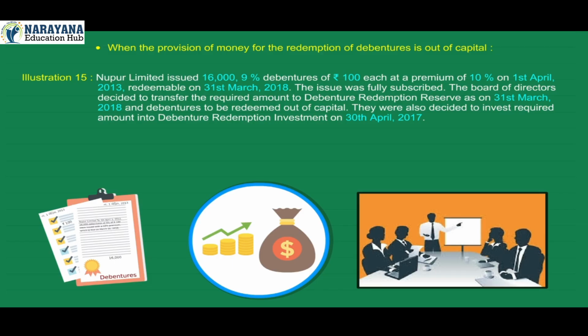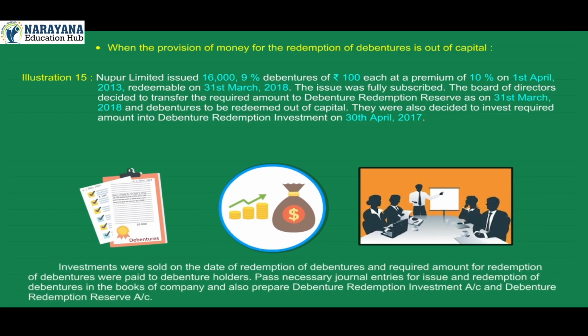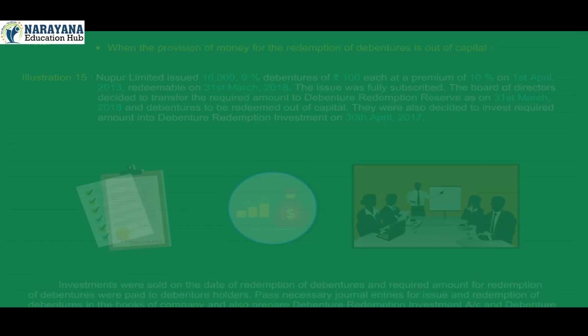They also decided to invest the required amount into debenture redemption investment on 13th April 2017. Investments were sold on the date of redemption of debentures and the required amount for redemption of debentures was paid to debenture holders. Pass necessary journal entries for issue and redemption of debentures in the books of the company and also prepare debenture redemption investment account and debenture redemption reserve account.